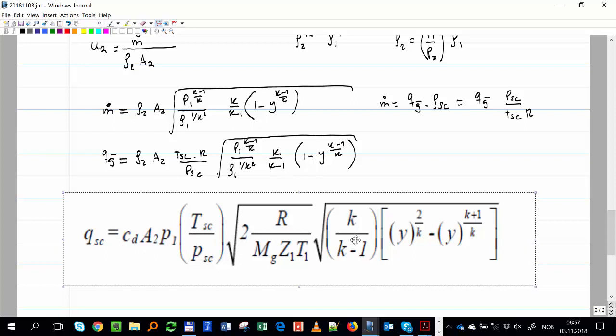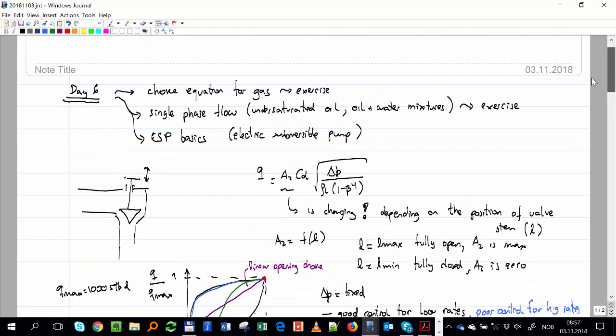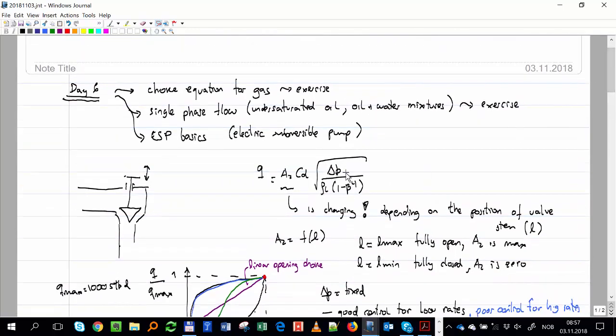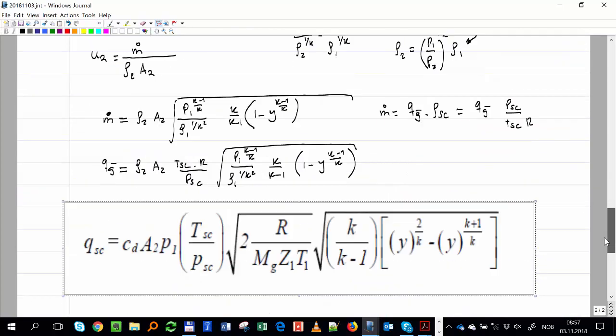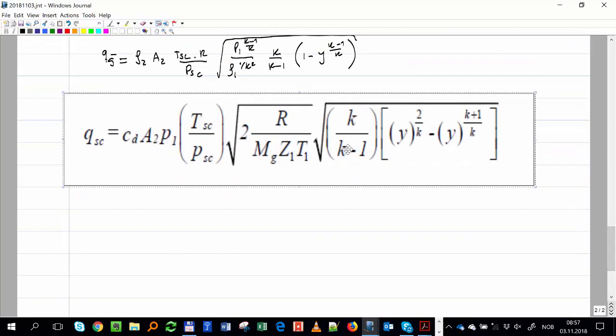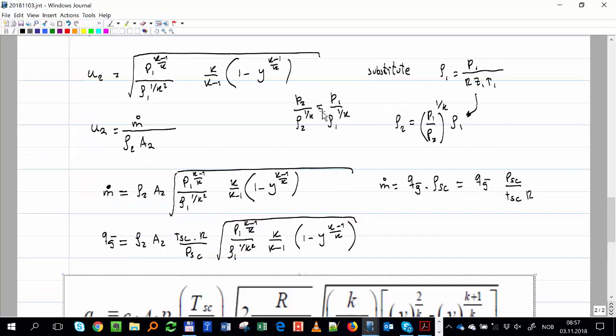First thing to notice is that we don't have the delta P. We have the pressure ratio in this equation. If you remember, for the liquid we had the square root of delta P. Now we have the pressure ratio just because of the expansion. We have all of these properties, and I want to express them in terms of one condition that I know, which is the inlet.